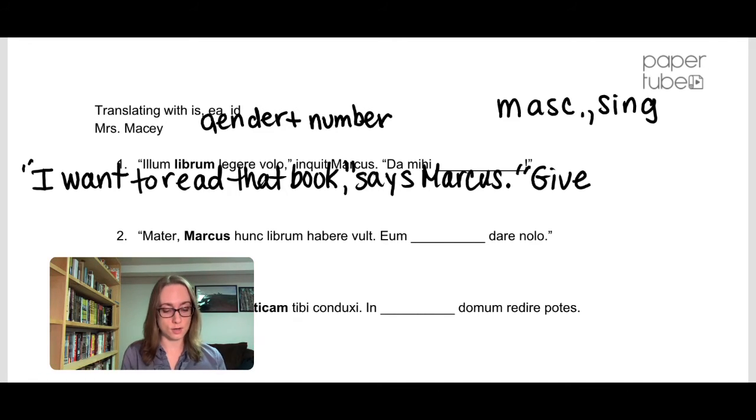Let's look down at the chart and figure out which form we need. Masculine, singular, accusative would be eum. Right here.